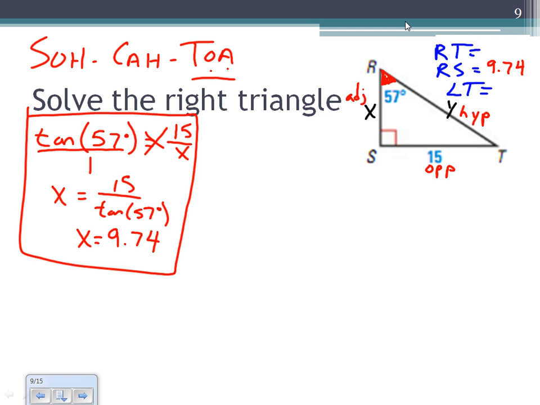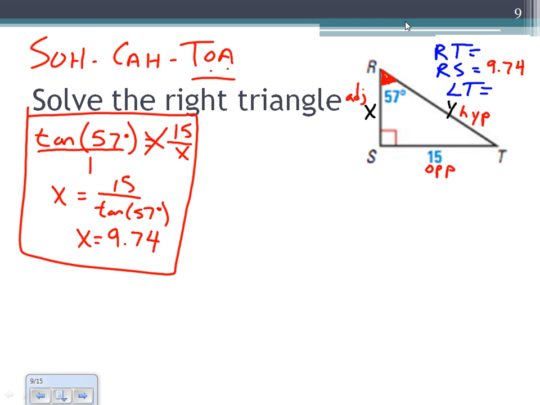So who can set up the other one for y for me? Who can set up for y? A bunch of you are doing it. You just don't like telling me. Nobody can set it up?